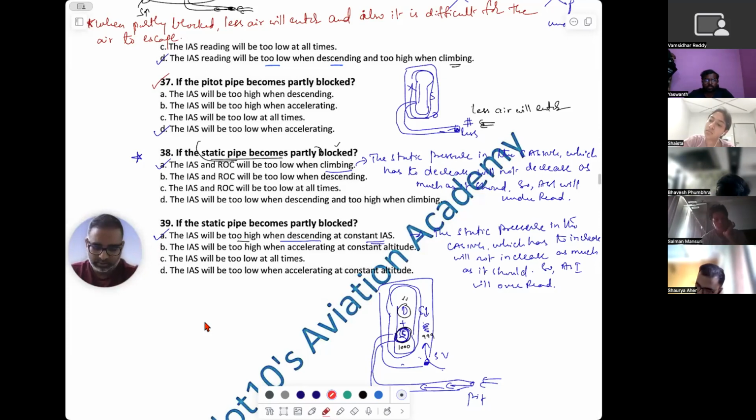I'll be teaching VSI in detail, but because you asked, this is the only place where there is a difference, opposite. In a climb, the capsule of a VSI will contract.